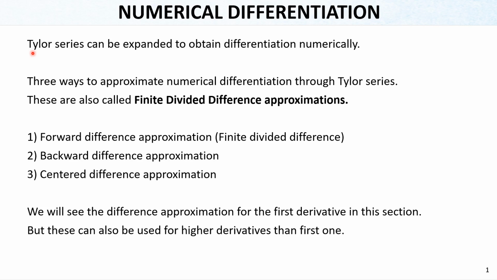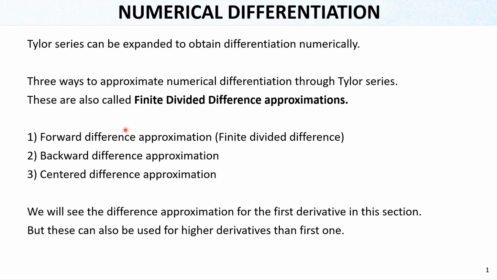And we can use Taylor series. We showed this earlier while trying to explain the remainder term, Rn. We showed that the differentiation can be taken by using Taylor series. And we can actually expand the Taylor series in 3 ways to approximate the numerical differentiation.